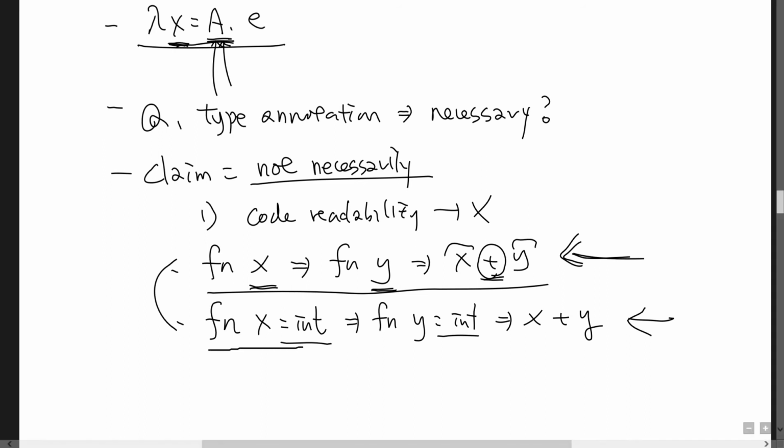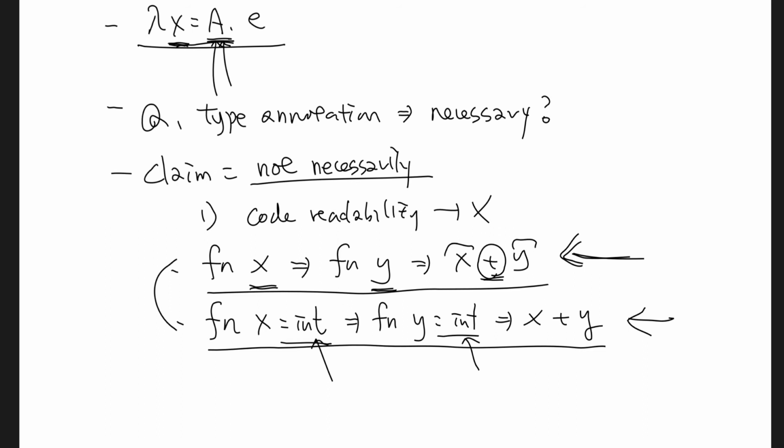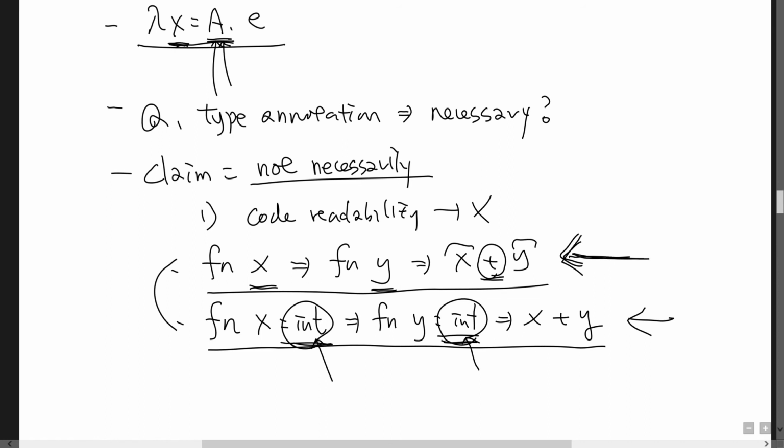In this second example, we give explicit type annotations. But in practice, these type annotations are unnecessary, and they are even detrimental to code readability. So we could claim that it's fine in many cases not to provide the type annotations like this. We are still fine, as demonstrated by this example.